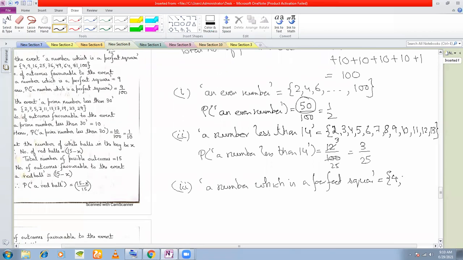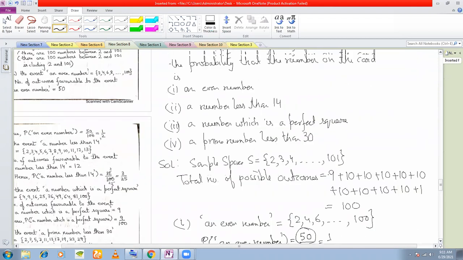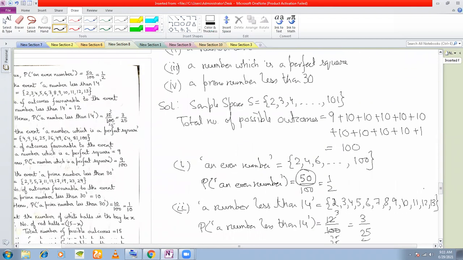Next will be 9, 16, 25, 36, 49, 64, 81. And 100, yes, 100 is also there because the sample space is still up to 101 here. So 100 will be included here.